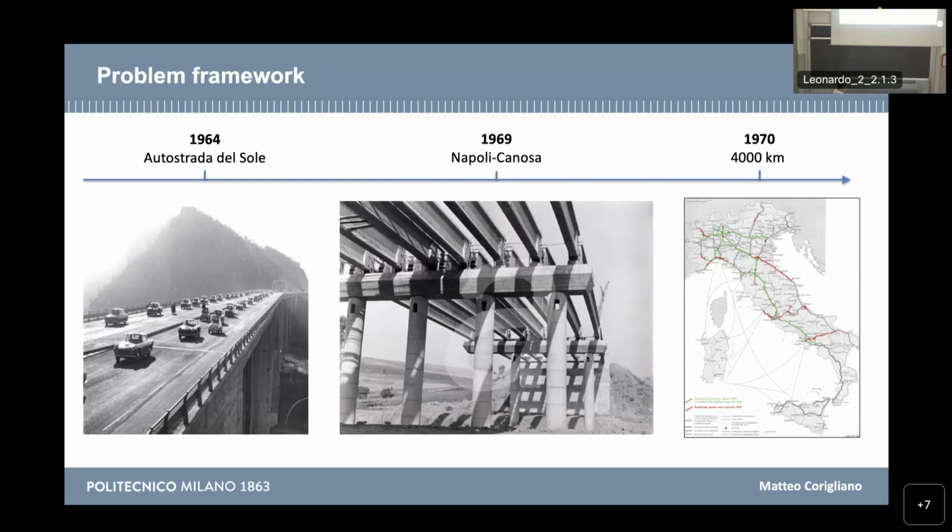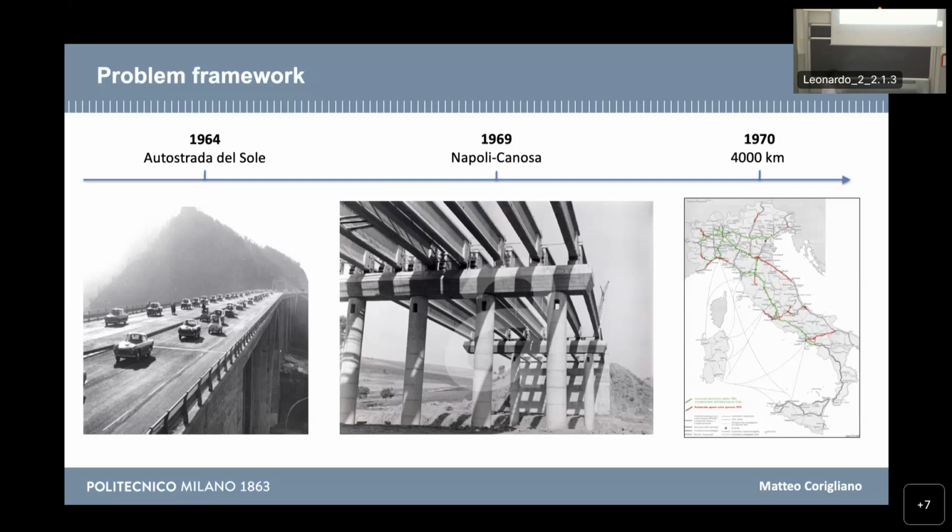All this infrastructure must be reassessed according to the current design standards that have changed during this long time from the 60s.